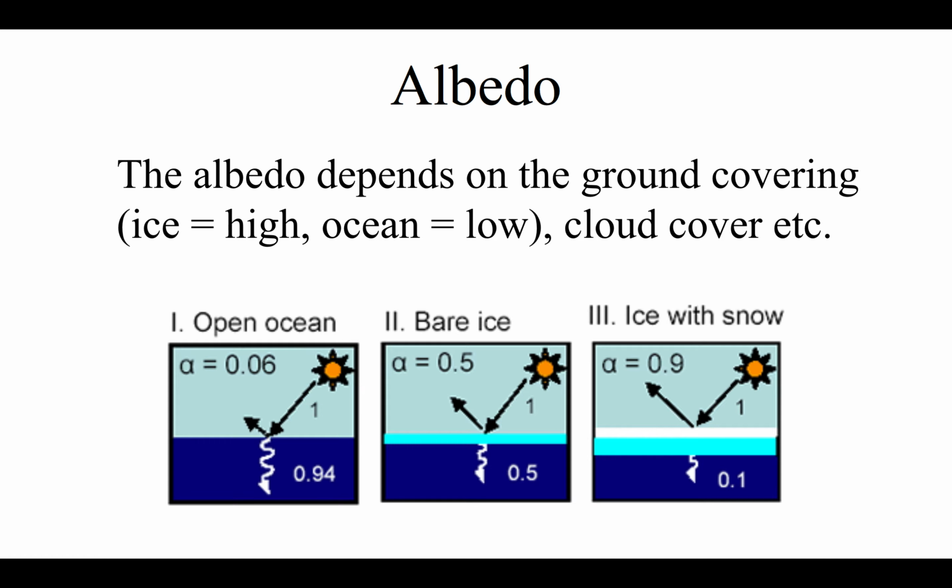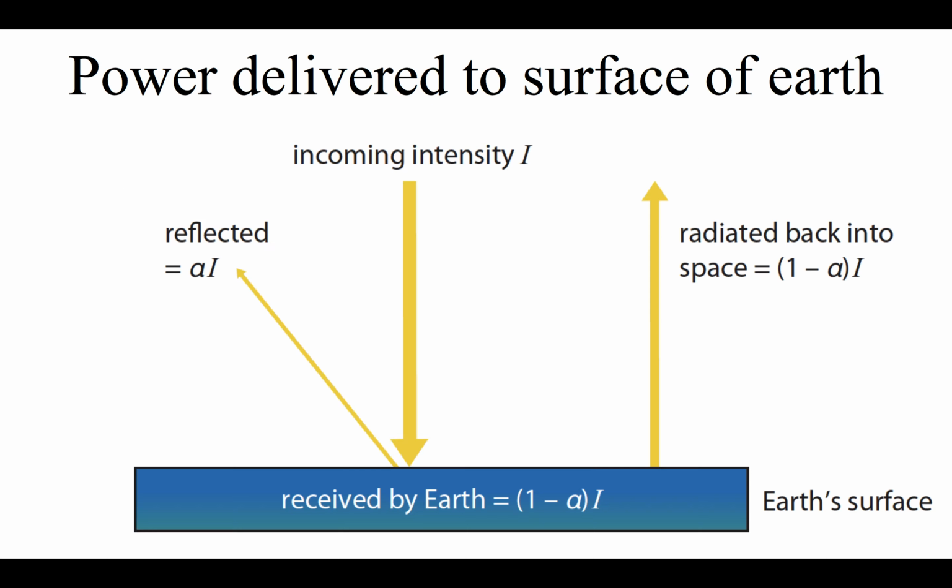And ice with snow, which is our best possible albedo, 0.9, where the Earth would only be absorbing 0.1. Anyone who's been skiing will recognize that this is true because you need to wear goggles or you will go blind. Snow blindness is actually a thing where you just can't see. You cannot see, it's too bright.